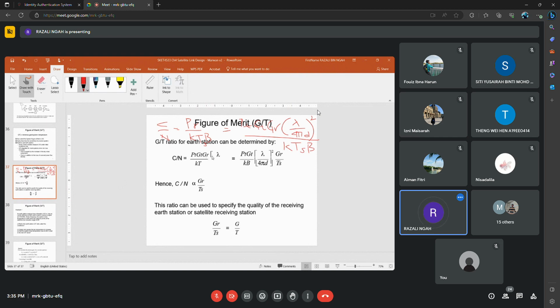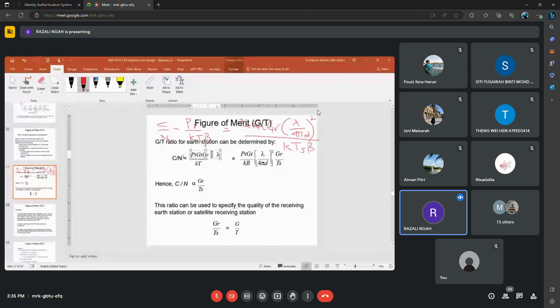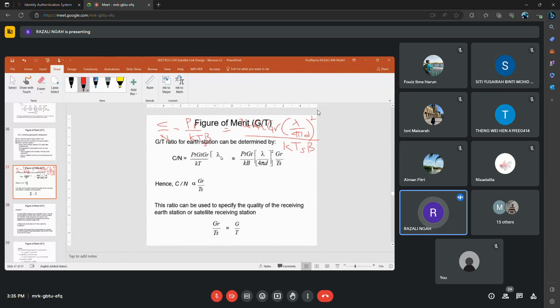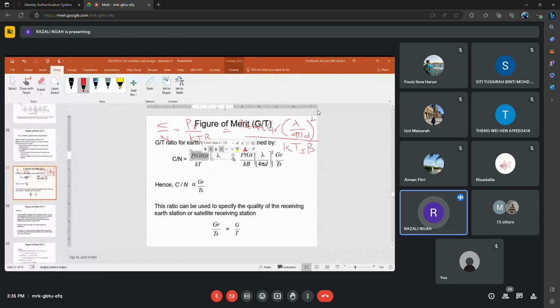So this equation is actually blocking somewhere. It's supposed to be there, but it's not. There must be a continuation.